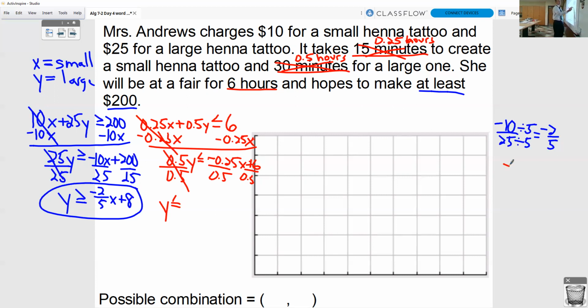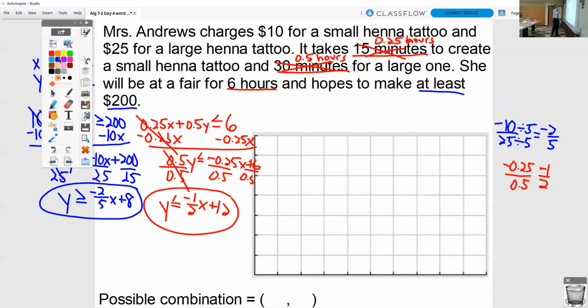I could simplify that fraction. We could divide by 0.25 and divide by 0.25, and then I'm going to get negative 1/2. That's a lot nicer fraction when we simplify it. And then plus 12. So there's my two equations.